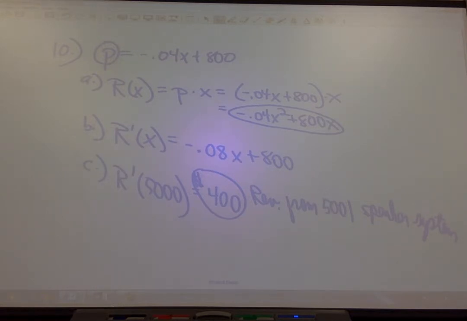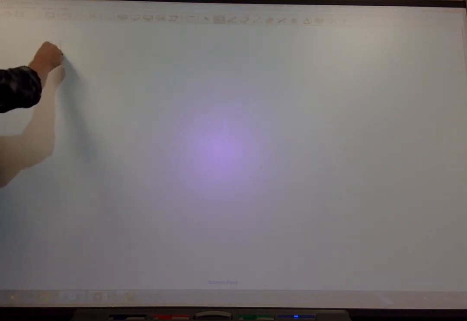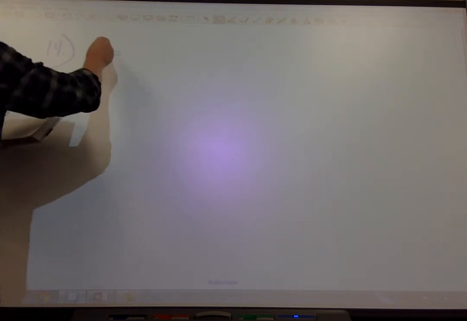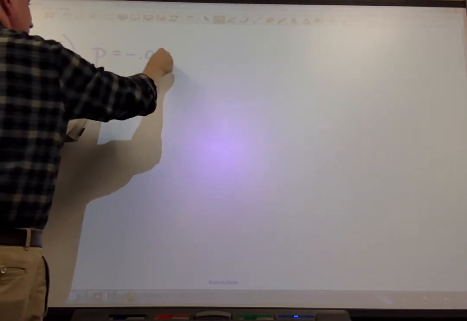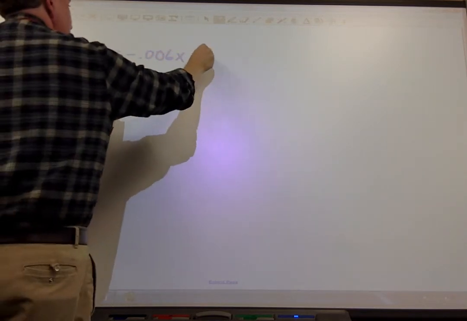Number 14 asks us for the whole deal: cost, revenue, and profit. So in 14, this time we're talking about 20-inch flat tube digital televisions. They say the demand function this time is P equals negative 0.006x plus 180.